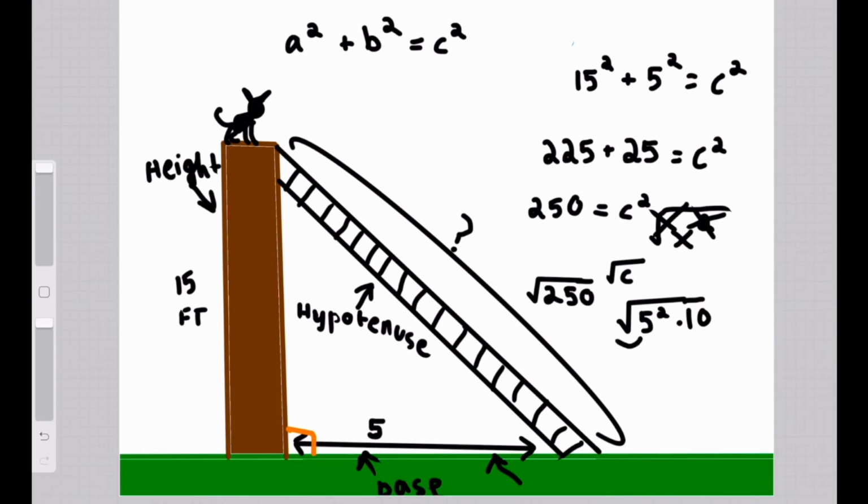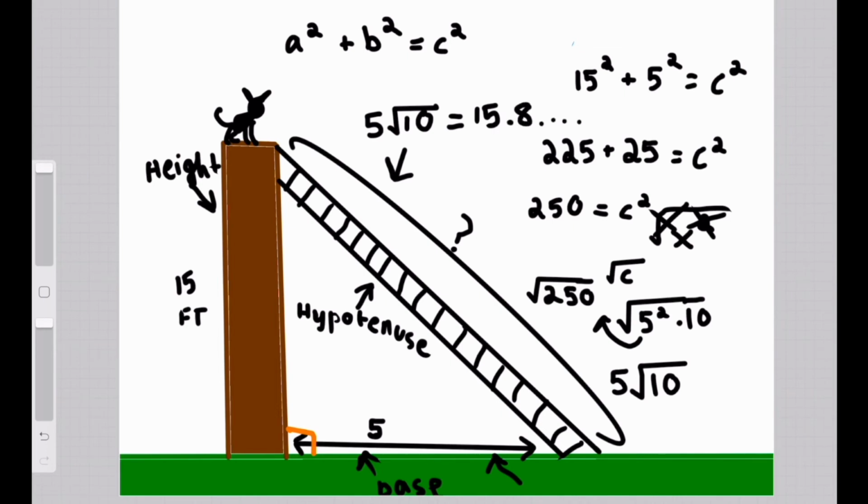Similarly, if we put the 5 squared outside of the square root, that would leave us with just 5 multiplied by the square root of 10. And that leaves us with our hypotenuse. 5 times the square root of 10 is our hypotenuse, also known as 15.8, and it goes on and on and on.